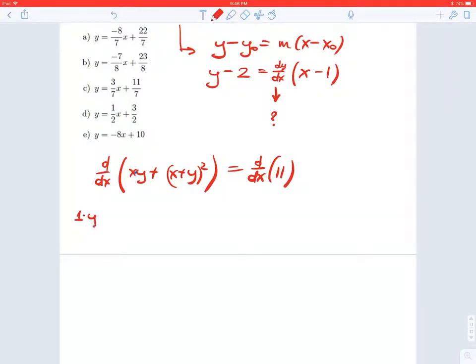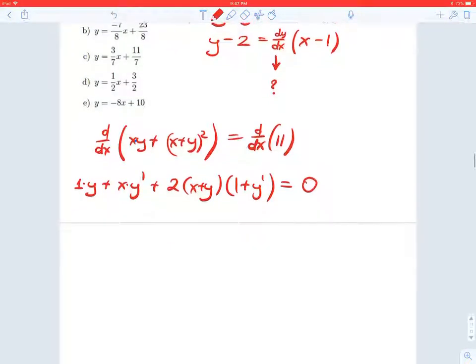Derivative of x is 1 times y, plus x times the derivative of y. Now we have the inner function (x plus y) to the power of 2. The derivative is 2 times the quantity (x plus y) times the derivative of the inner function: derivative of x, 1, plus derivative of y, y prime. Derivative of the constant 11 is 0.